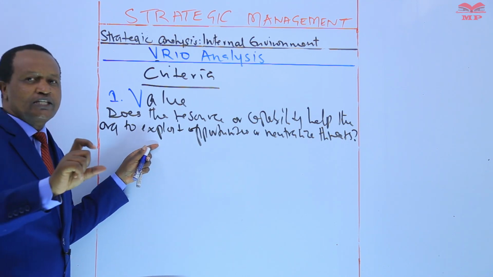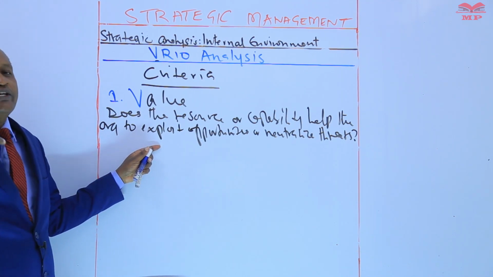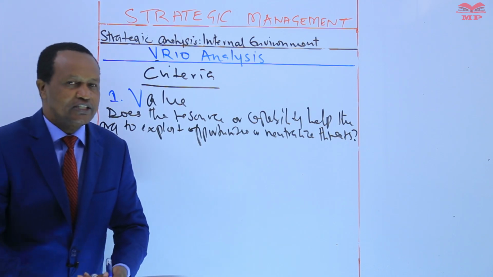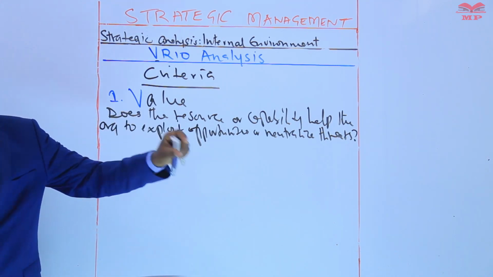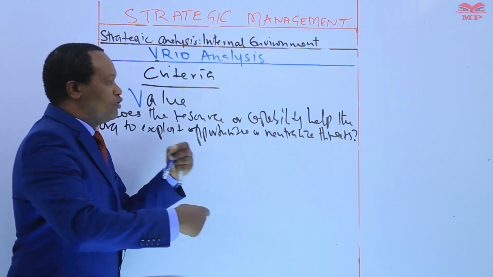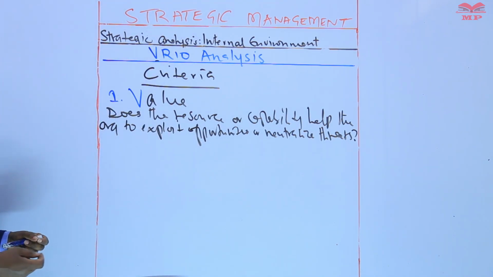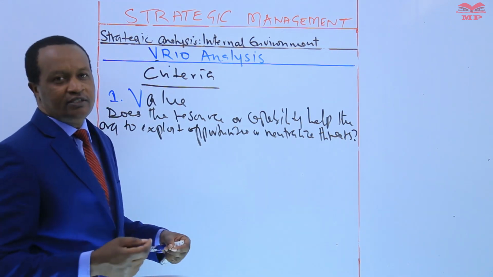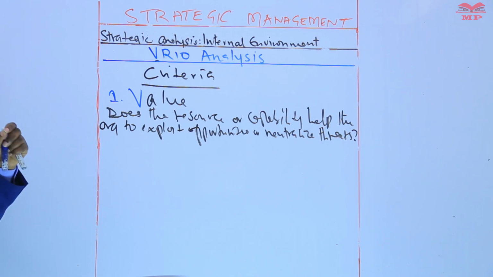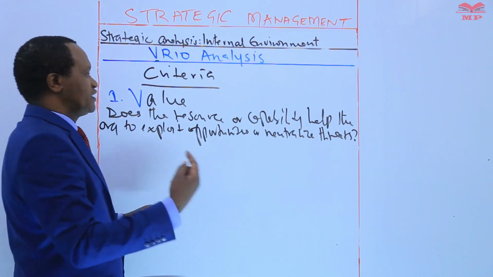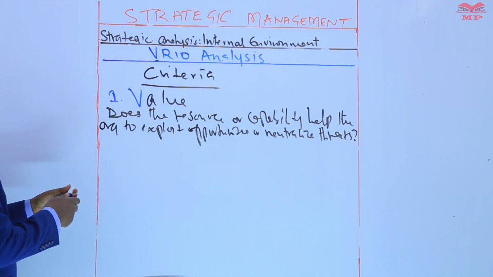So valuable resources and capabilities contribute to the firm's efficiency and effectiveness, allowing it to create value for customers and outperform the competitors. And vice versa. Resources that are not valuable do not contribute to the firm's efficiency and effectiveness.